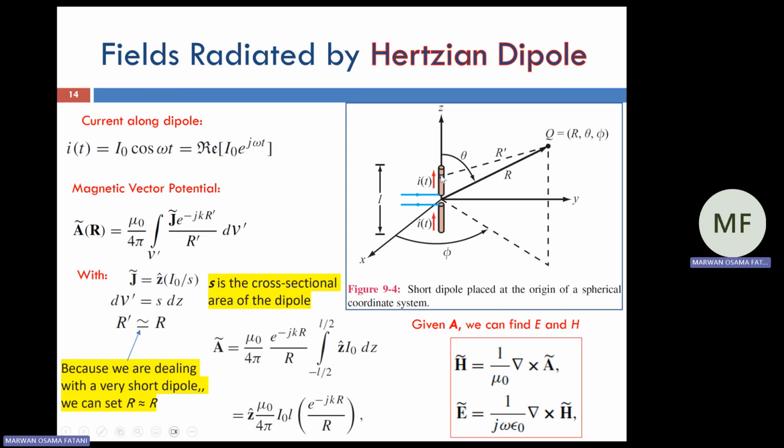And before I said that R dash is from any point to Q and R is from the origin to Q. But because we are dealing with a very short dipole, we can approximate R dash to R, which is going to simplify our math. And from Maxwell's equations, we have our magnetic field and electric field.